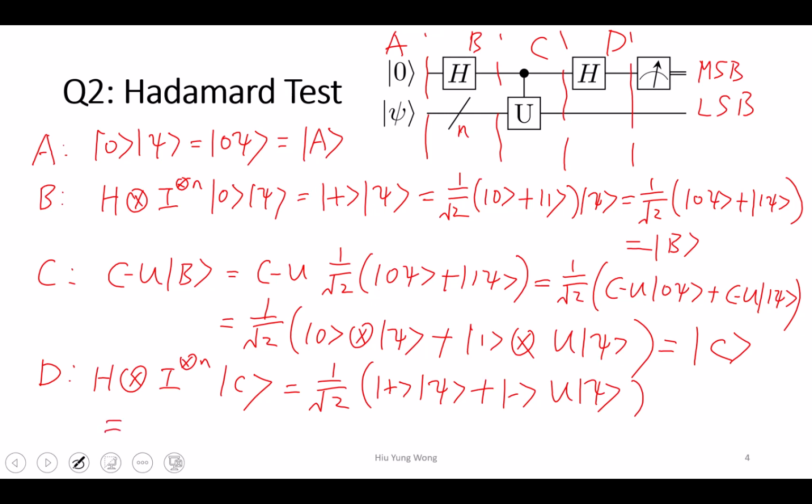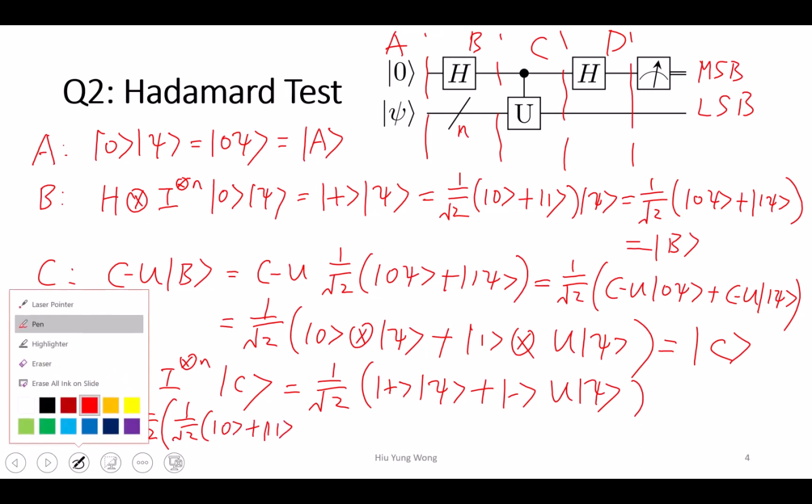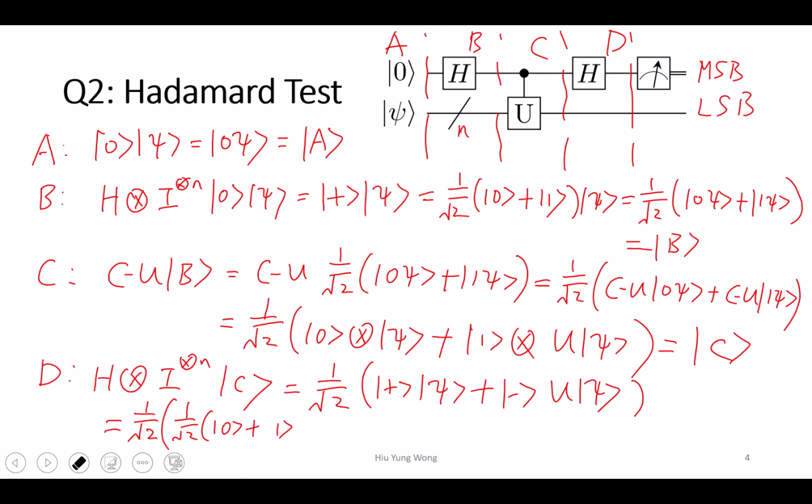Now let's look at this. This is 1 over square root 2. And plus is 1 over square root 2 times (0 plus 1). This is the plus in the 0, 1 basis, times psi, another qubit.